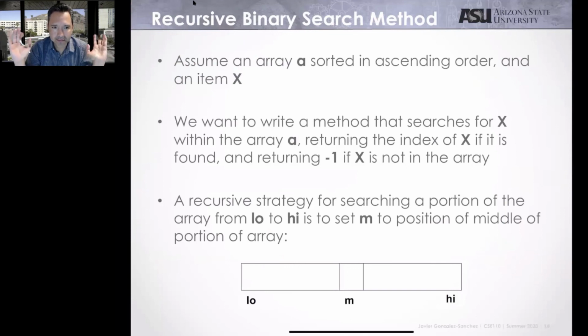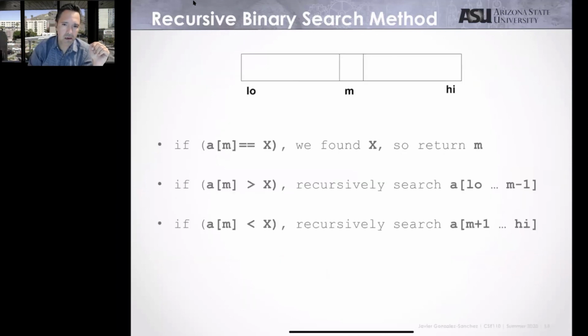Remember the problem. You have an array, you have the first index and the last index, and you calculate the middle. That is the main activity here. First element, last element, and the middle.